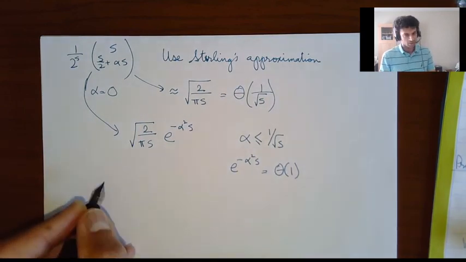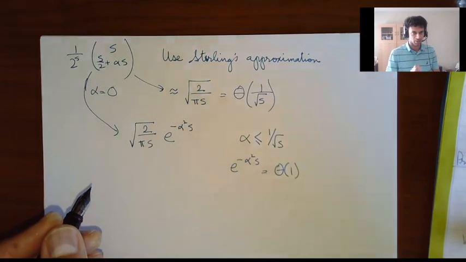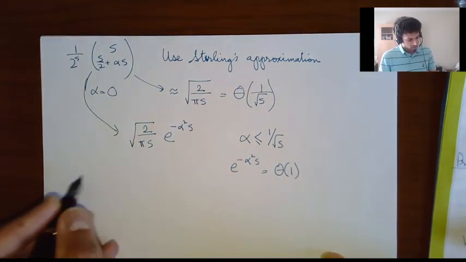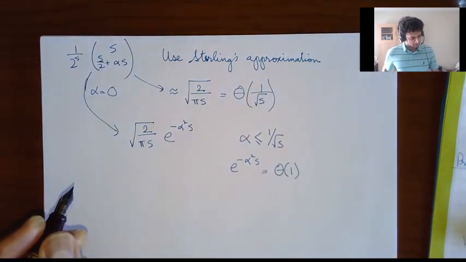Another way to say this, and again, I'm just giving you the intuition, I'm not worrying about the constants here, is that you are essentially equally likely.